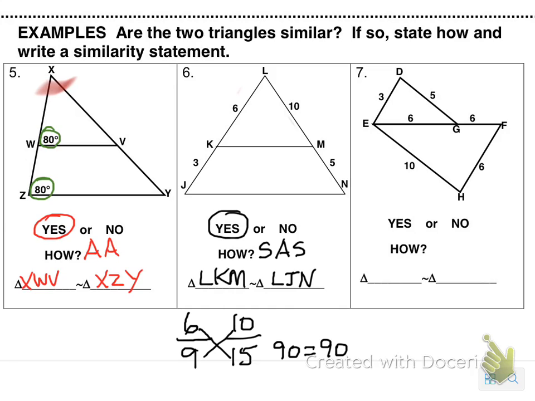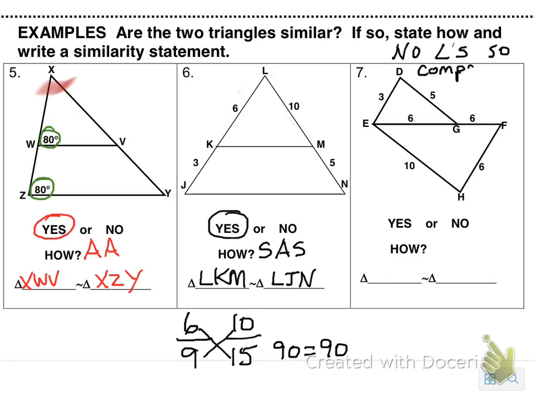Then we have finally example 7. And in this example, we see no information given about any of the angles, but there is information given about the sides. So that tells me I'll probably use the SSS similarity theorem. Well, what can we determine?